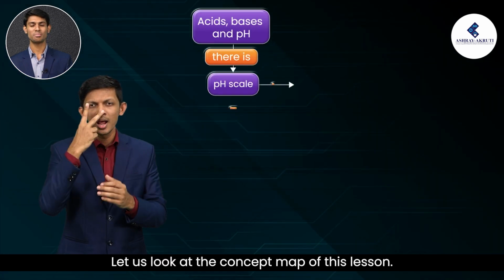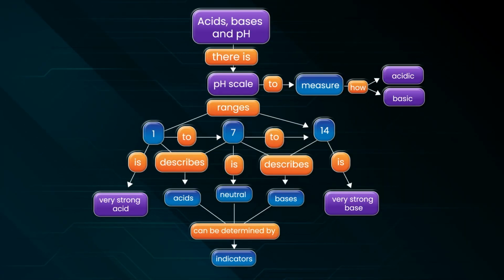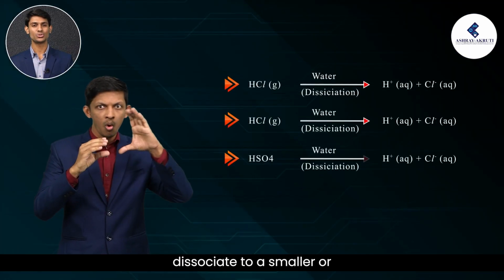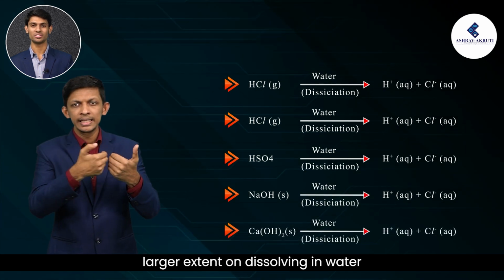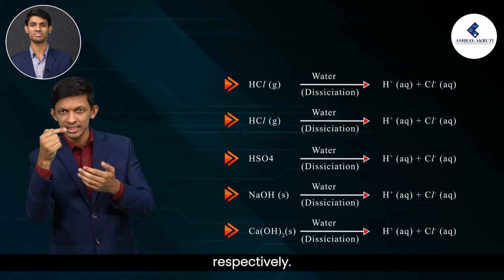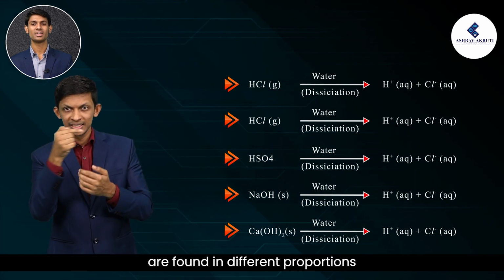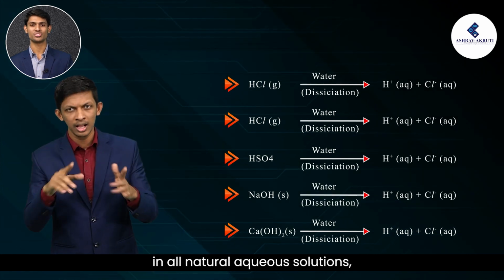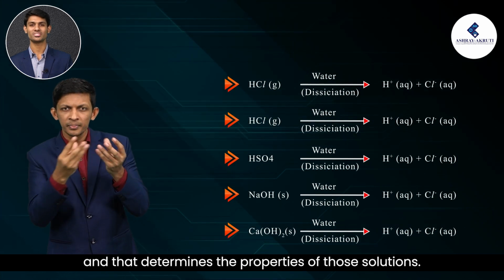Let us look at the concept map of this lesson. We have seen that acids and bases dissociate to a smaller or larger extent on dissolving in water, forming H plus and OH minus ions respectively. H plus and OH minus ions are found in different proportions in all natural aqueous solutions, and that determines the properties of those solutions.